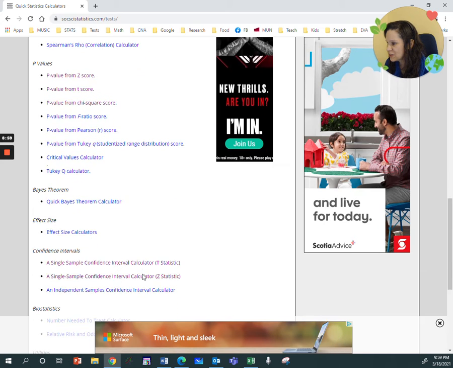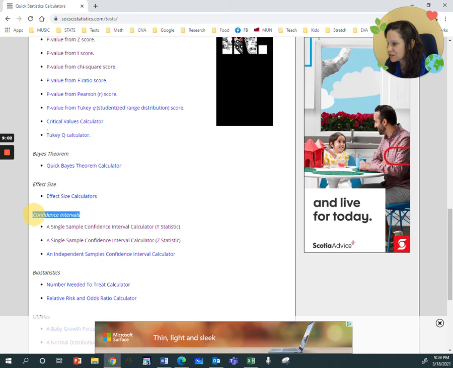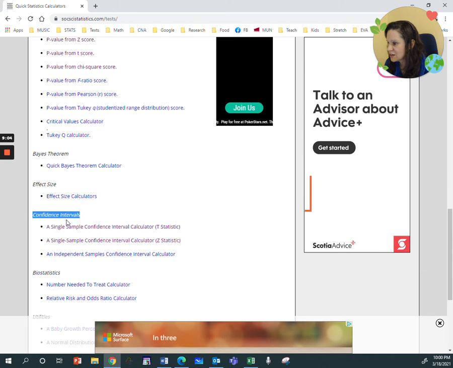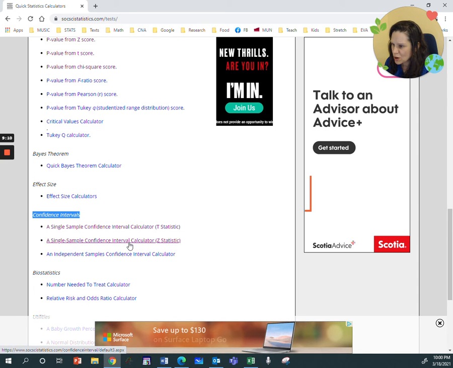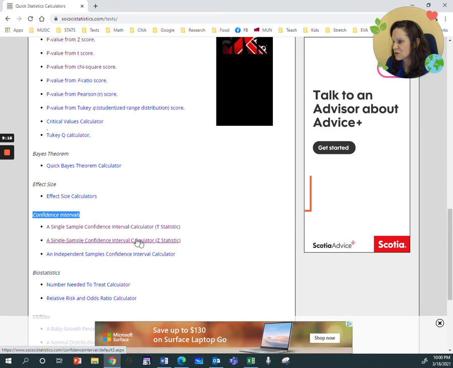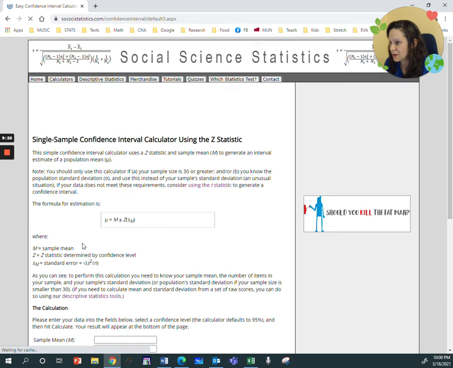Let's keep scrolling down until we see, look at this, confidence intervals right here. There's a couple of different ones. We're going to want the Z. Remember, if we know sigma, the population standard deviation, we're going to use Z. Click.